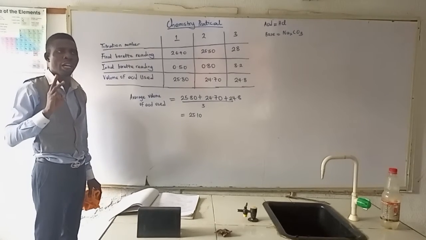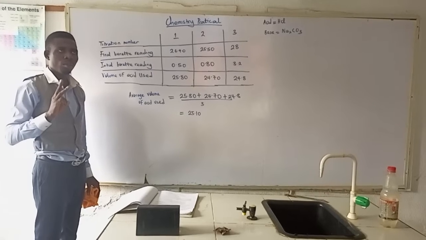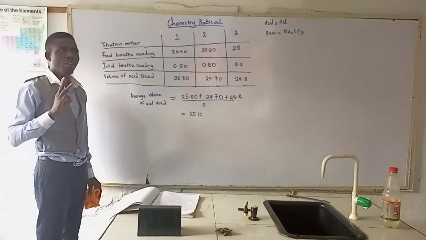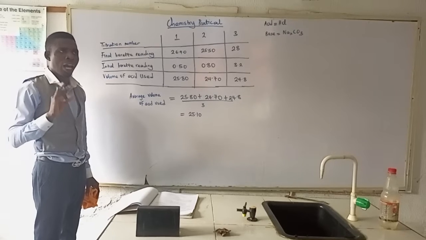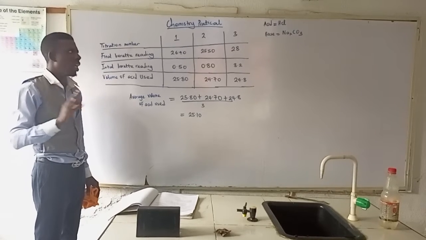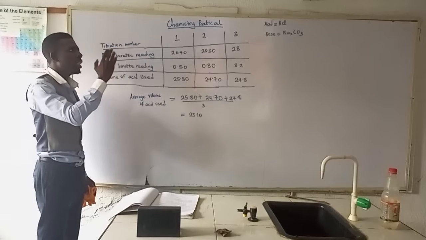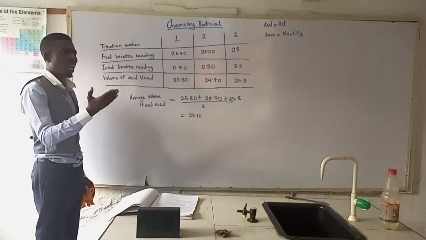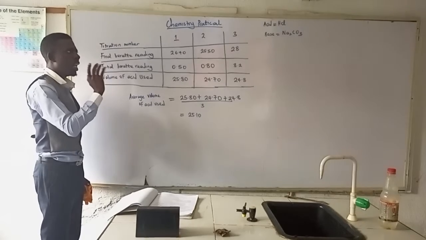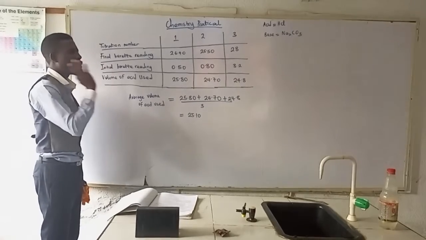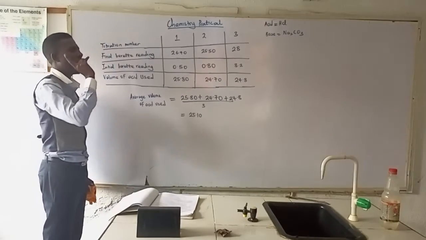Anytime you are performing your titration experiment, 3 materials must be available. Number one, acid. Number two, base. And number three, indicator. In this particular table, the indicator used was not specified. There is no adequate information, the reading does not make sense. Because of that, that is number one error.